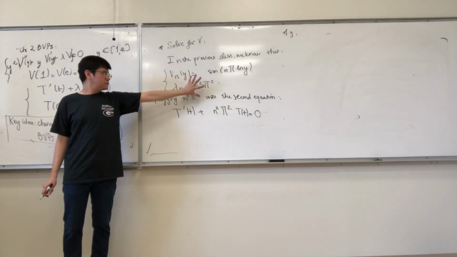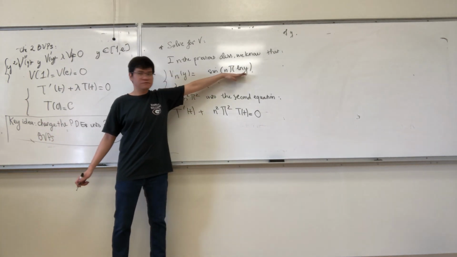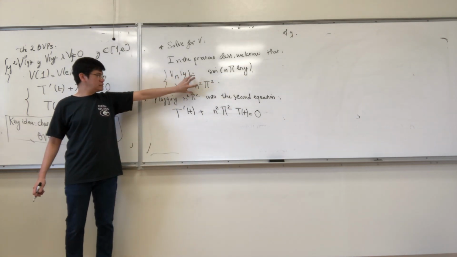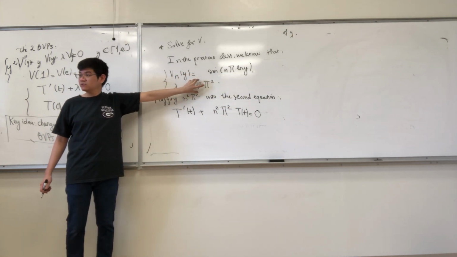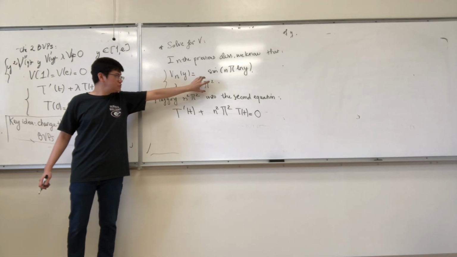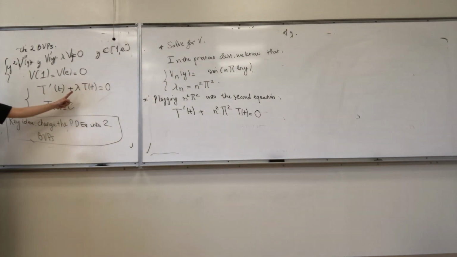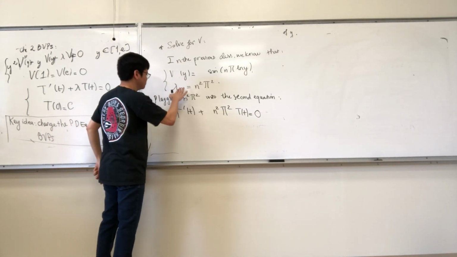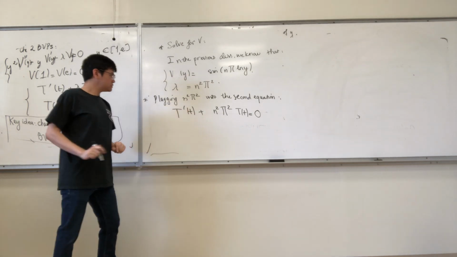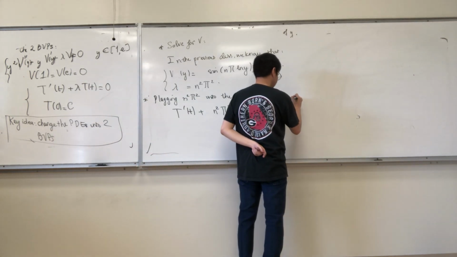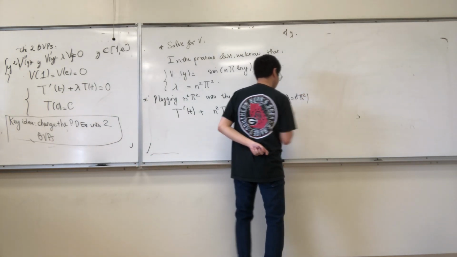The eigenfunctions are irrelevant here, but the important thing is this eigenvalue. So you plug this eigenvalue back into the second equation, because this is the lambda that we need. In this case, lambda is n squared pi squared.